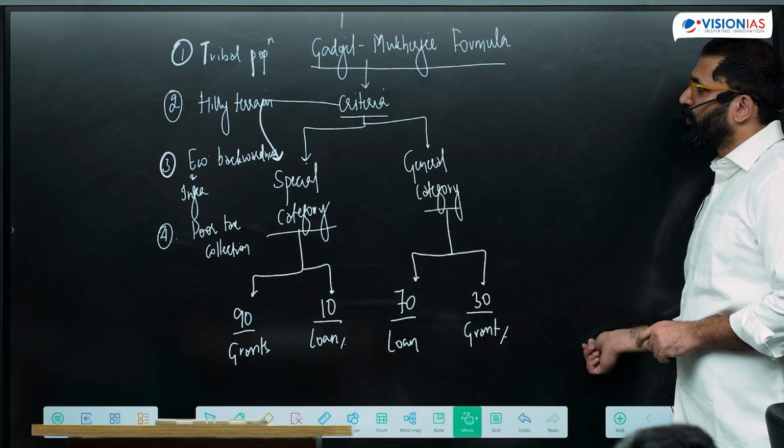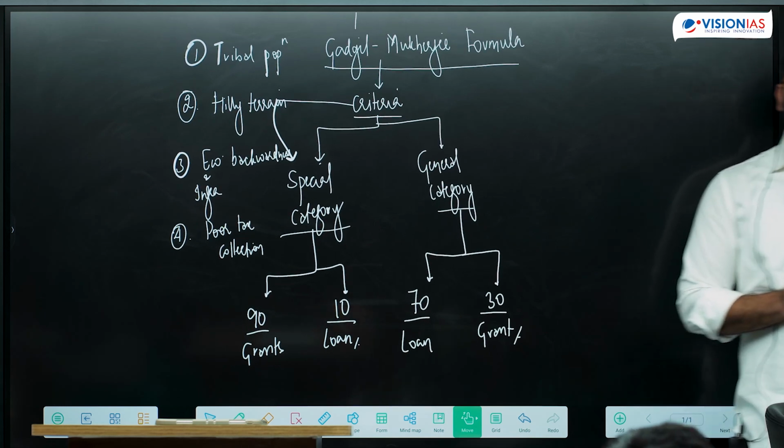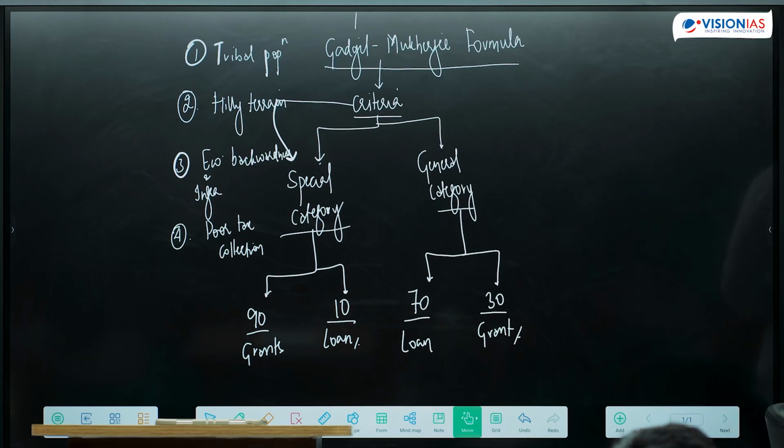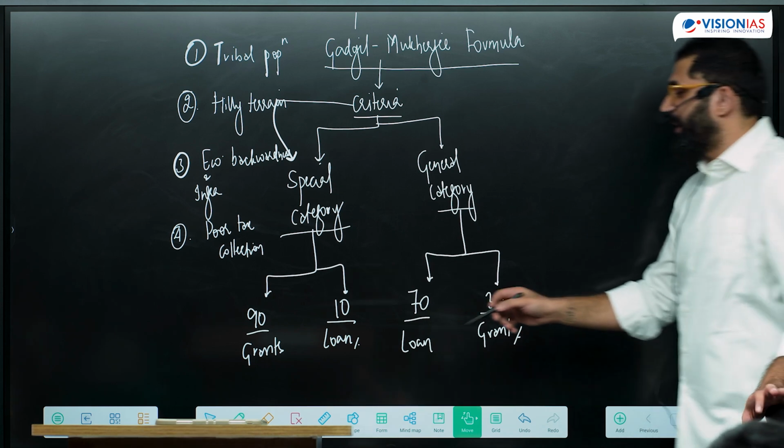This was the Gadgil-Mukherjee formula, which operated from 1969 till 2014. In fact, for the general category also they devised a formula: whatever the general category states are, how will you distribute among them? For that also they devised a particular criteria.